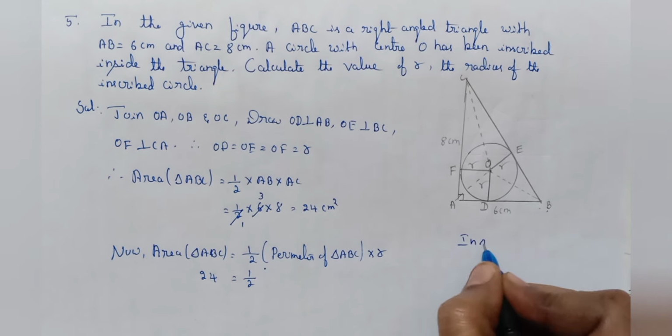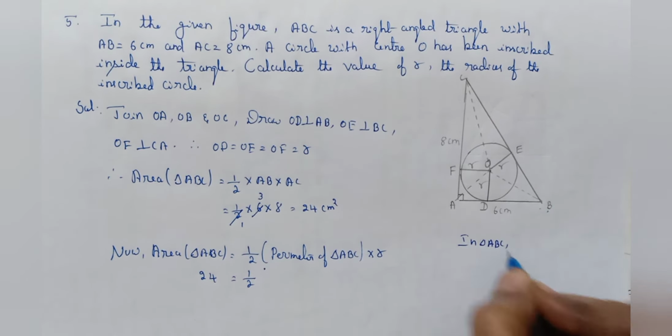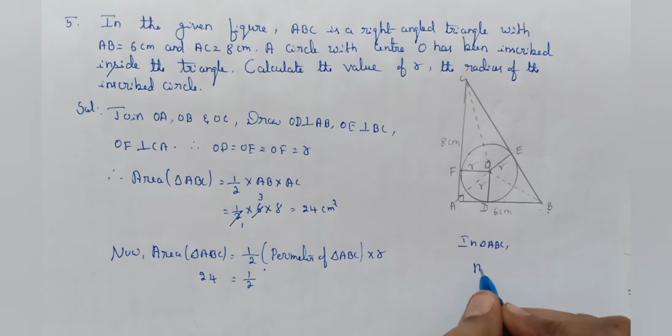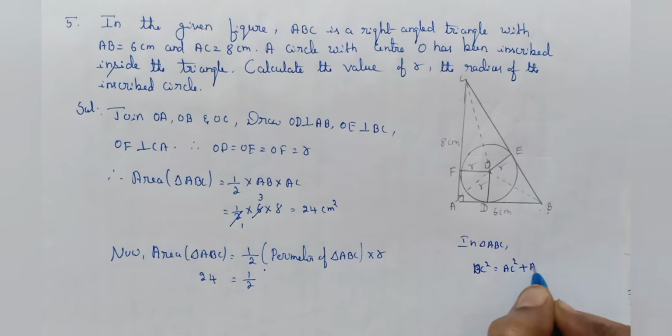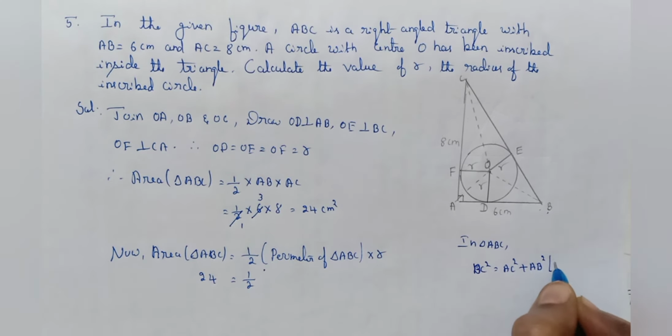In triangle ABC, BC square is equal to AC square plus AB square by Pythagoras.